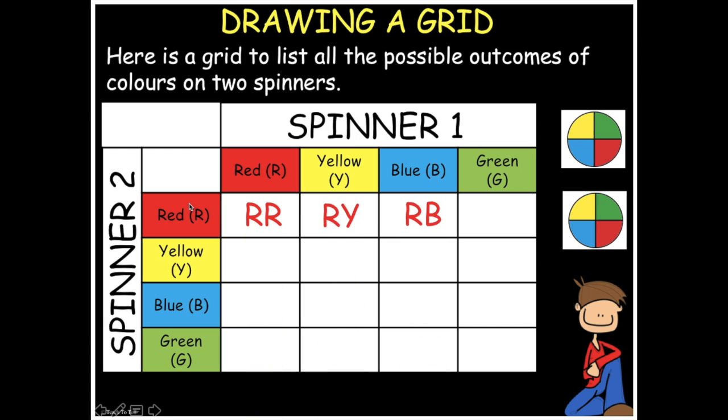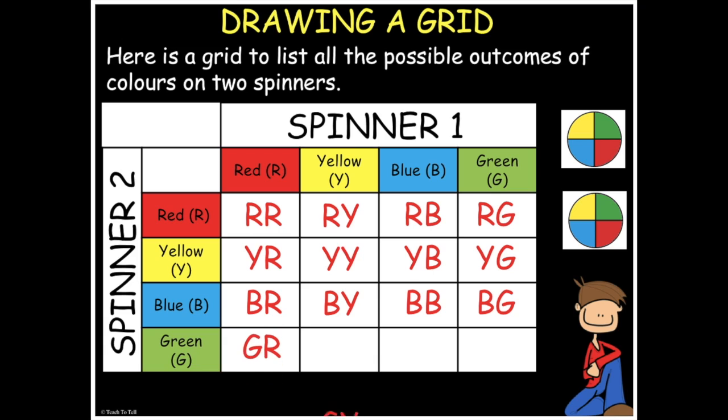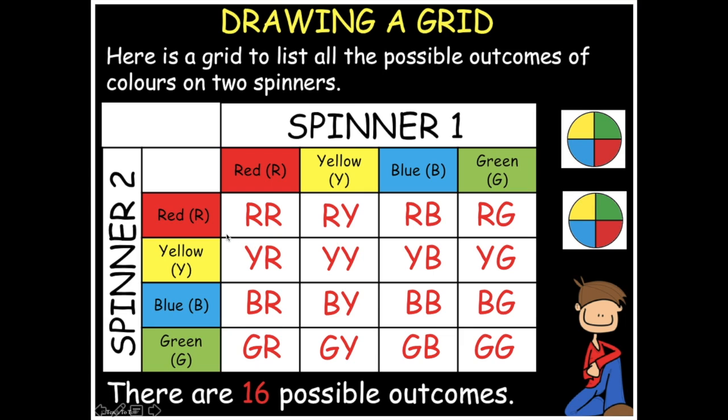RR, RY, RB, RG. So total number of outcomes, you can count up the grid, gives you 16. You can also multiply 4 times 4, which gives you 16.